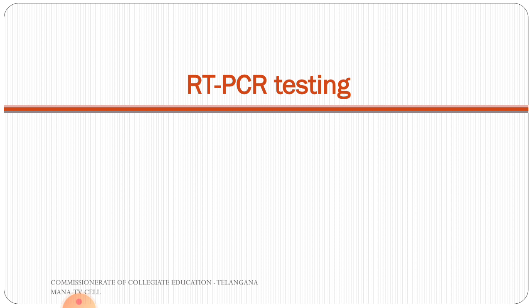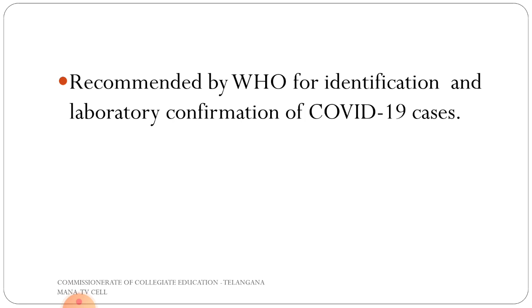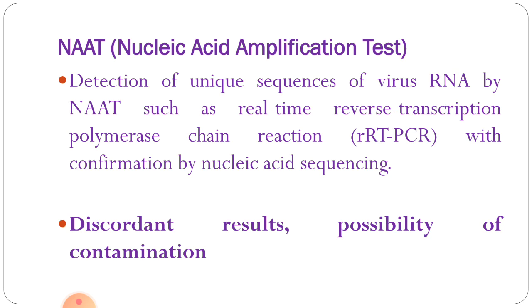The next test is RT-PCR test. It is recommended by WHO for identification and laboratory confirmation of COVID-19 cases. The first test is NAT, nucleic acid amplification test. It is used for detection of unique sequence of virus RNA by NAT, such as real-time reverse transcription polymerase chain reaction with confirmation by nucleic acid sequencing.